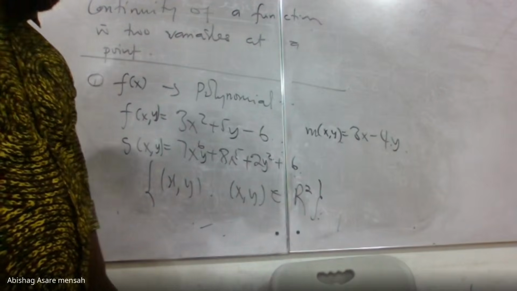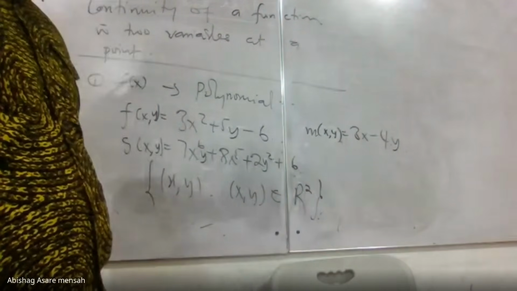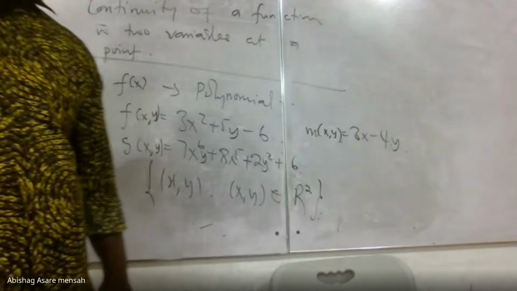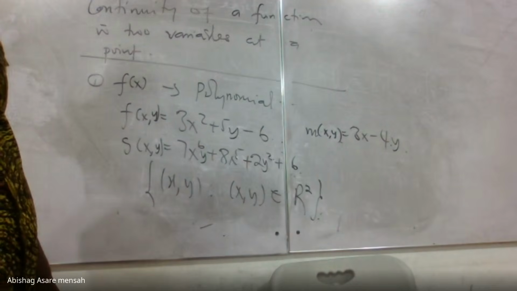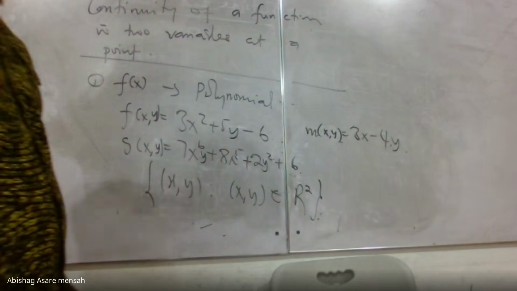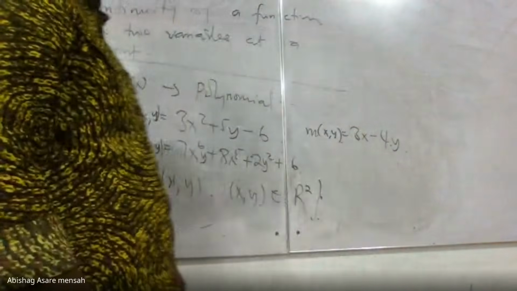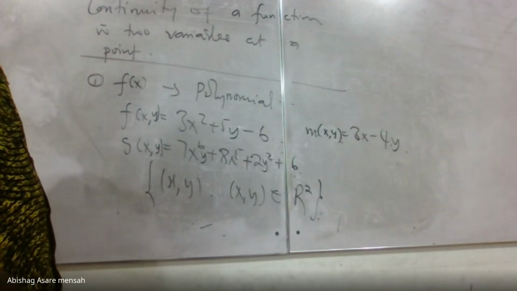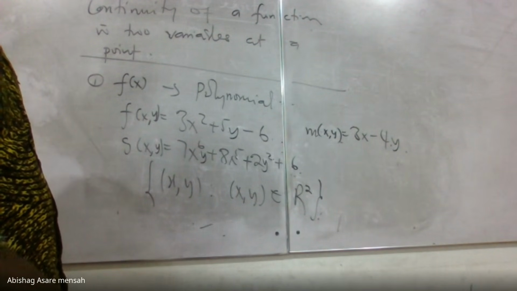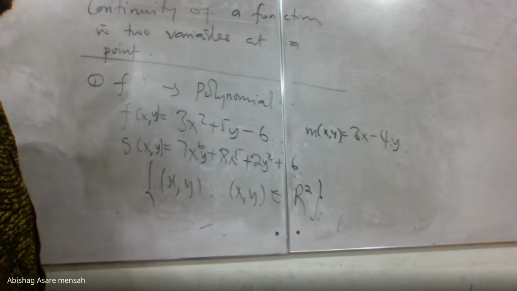So write this one down. All polynomial functions are continuous on all real numbers.